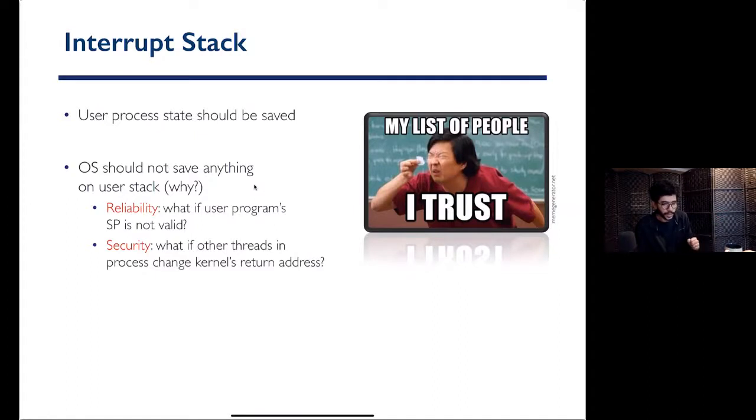The second is, what if SP was actually pointing to the correct memory location and everything was set up, and we start saving the state of the user thread on the user stack. But let's say that this process, one of whose threads we just interrupted, has multiple threads, and at some point we go to another thread, and that other thread has access to this thread's stack.